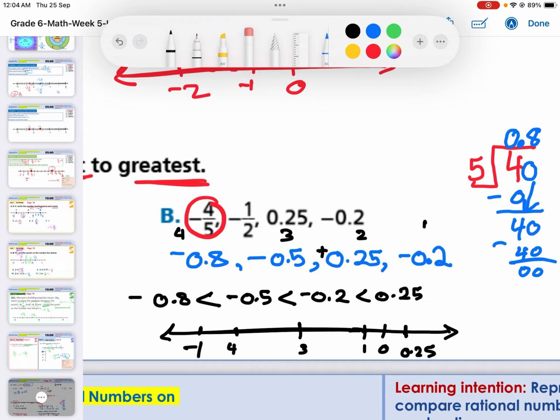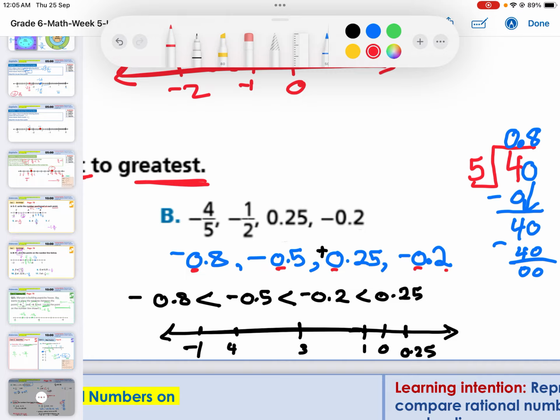Or you guys can go with comparing decimals using place value. You can check the place value. For example, check this one. I got 0 in all, right? Then I'm going to go to the 8. I have here 8, 5, and 2.